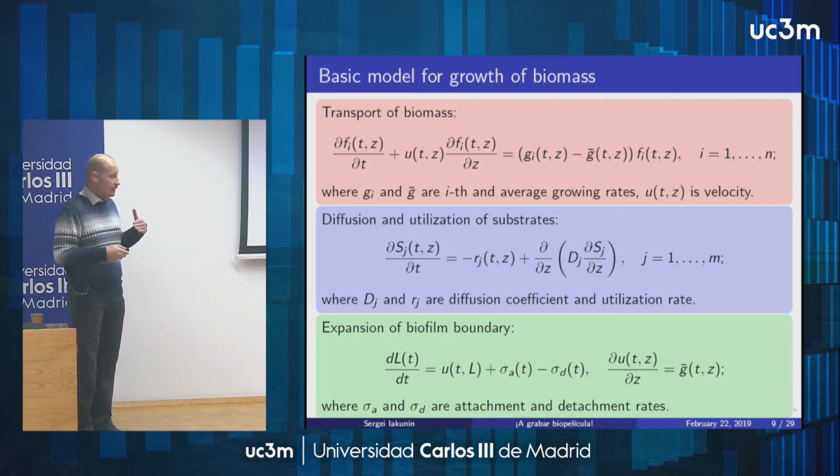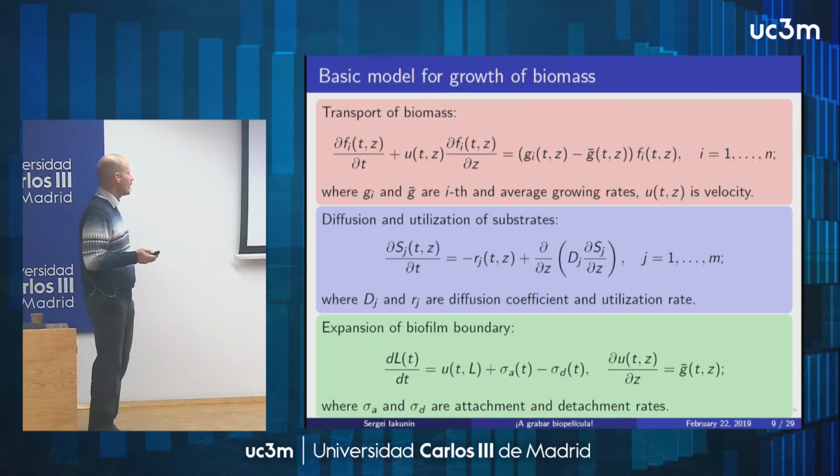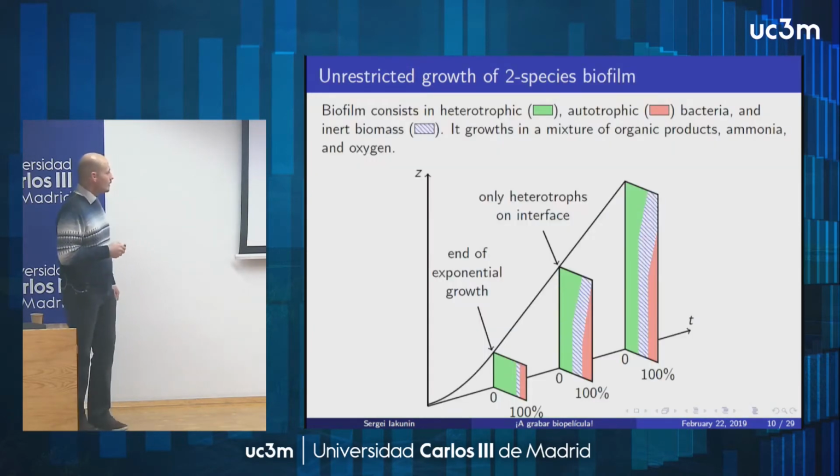So it means that the higher the growth rate of bacteria, the faster the boundary will spread. Even though this model is very simple, it can provide some useful results for bioreactors or filters.